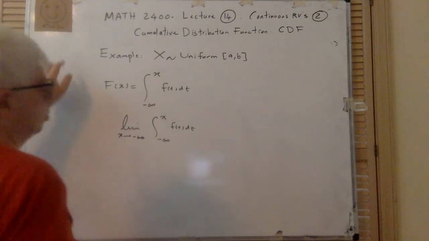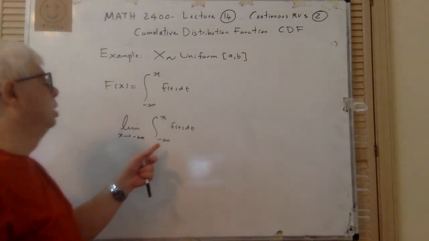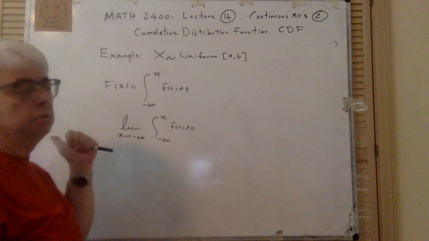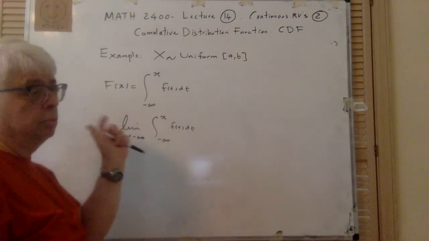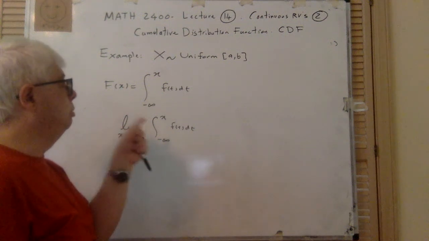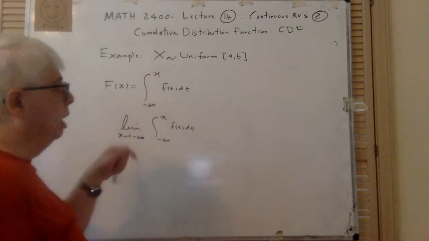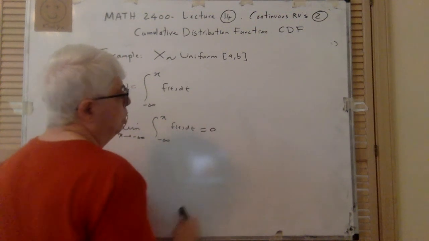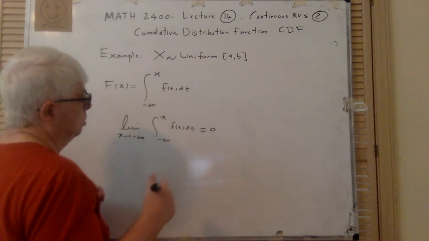Remember, for this integral, you have to choose something here like b and let b go to negative infinity. So these two basically are matching, and we can take them to be the same. And so this will be 0. You can tell intuitively this is 0.